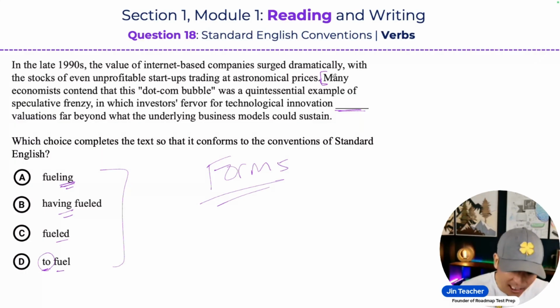It says many economists contend that this dot-com bubble was a quintessential example of speculative frenzy in which investors' fervor for technological innovation, fueling valuations far beyond what the underlying business models could sustain.